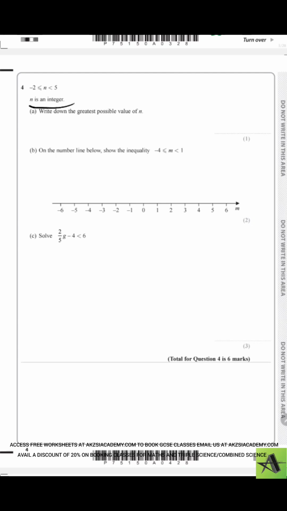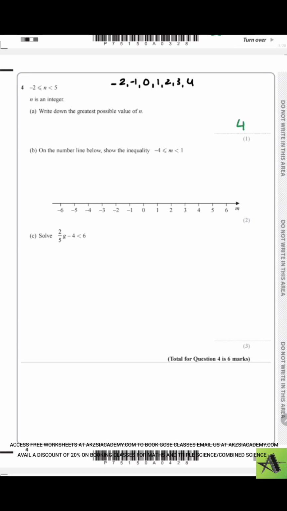Because it is specifically mentioned that n is an integer, if I write down the values, it is -2, -1, 0, 1, 2, 3, 4. I'm writing only integers because the question specifies that n is an integer. The greatest possible value of n is clearly 4 in this case.